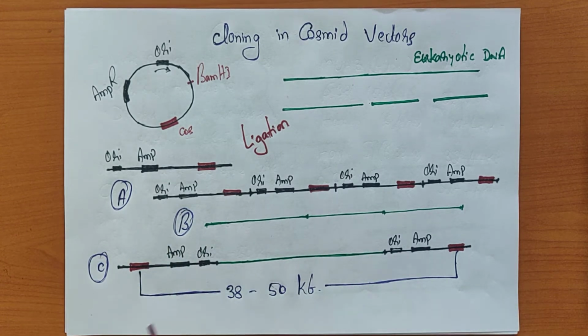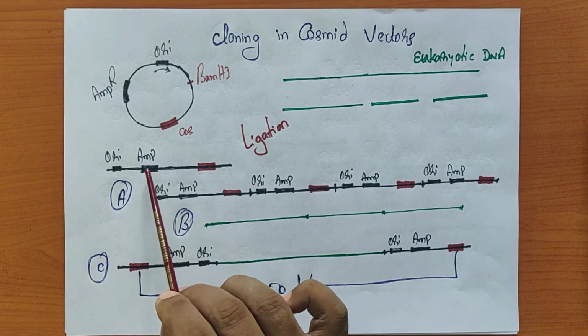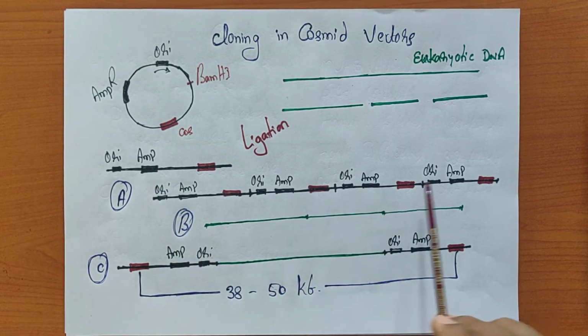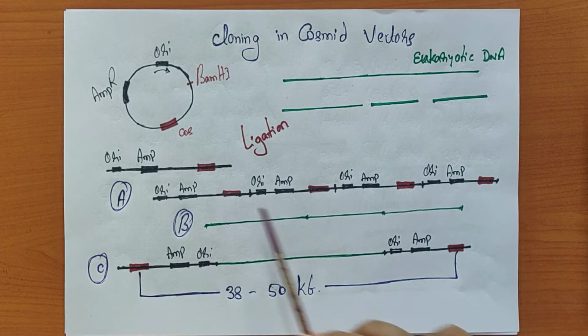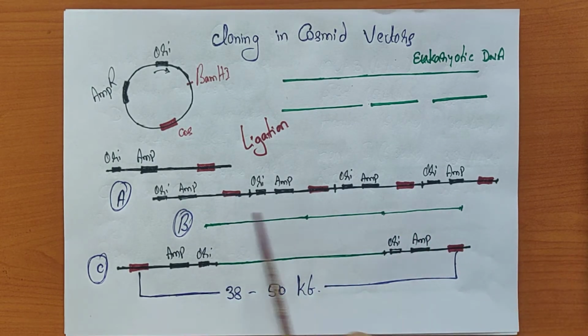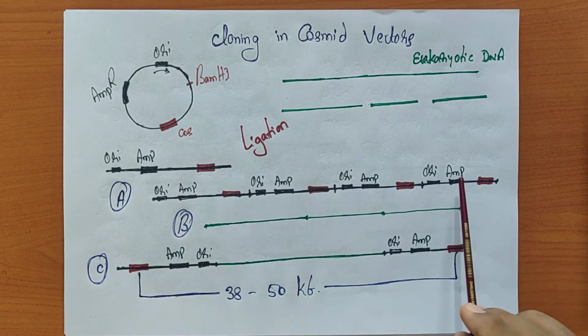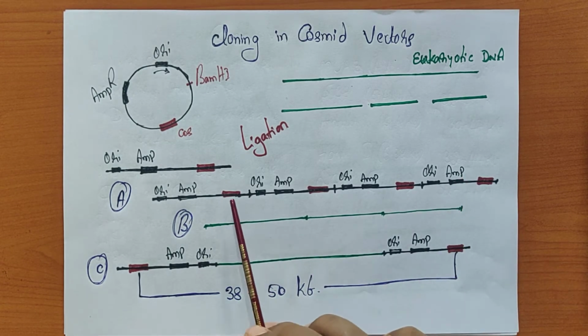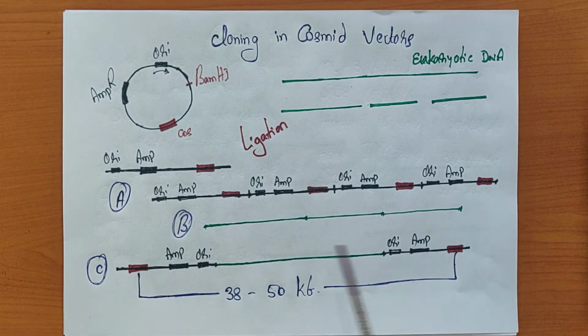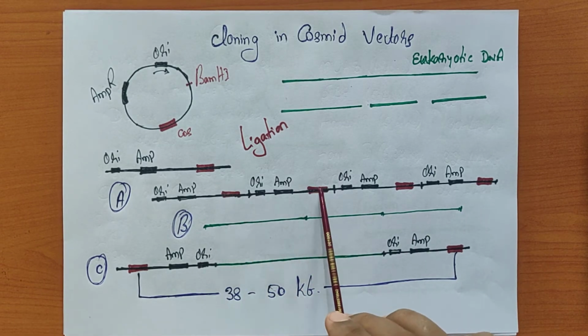Number A, the plasmid DNA itself can link one after the other, like a tandem repeat. So there is a cos site here, a cos site here, and another here. The most important thing for in vitro packaging is the presence of two cos sites. Then there is the distance.